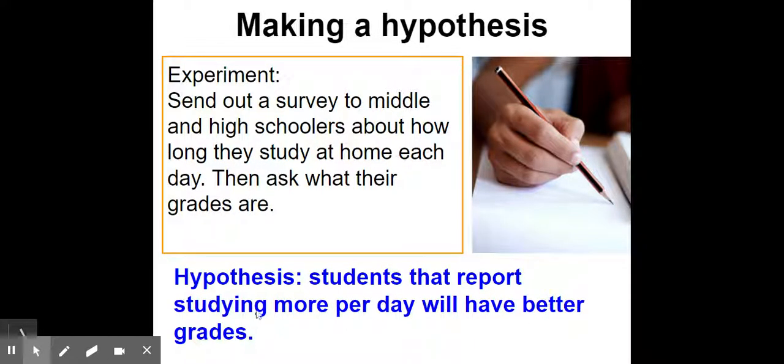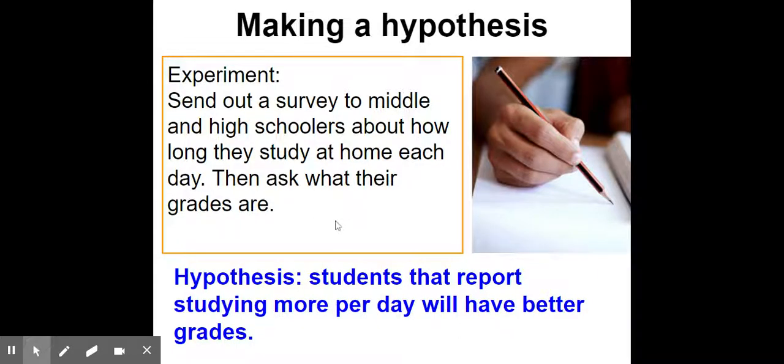We didn't even say students that study more per day, because the hypothesis is about this particular experiment. So it's students that report studying more per day. That's all we know, because you sent out a survey, that they'll have better grades.